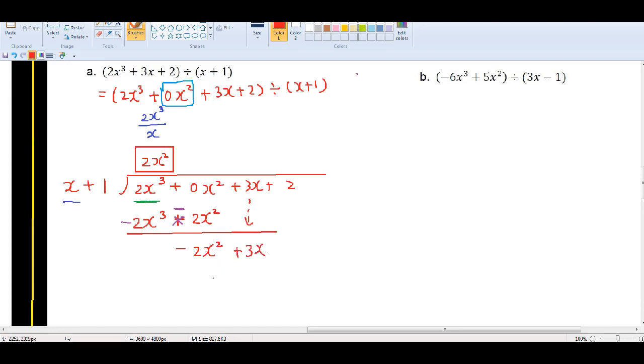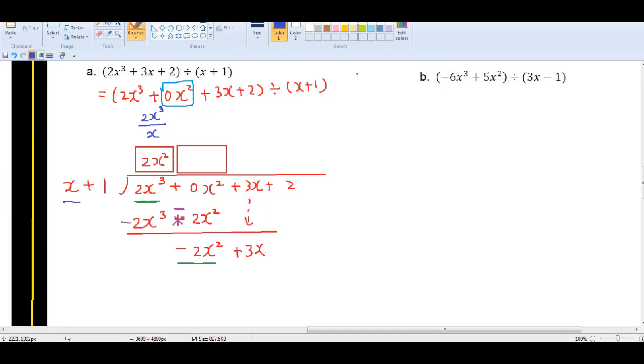For this one, the new leading term now becomes minus 2x squared. So you are going to do the second part of it.